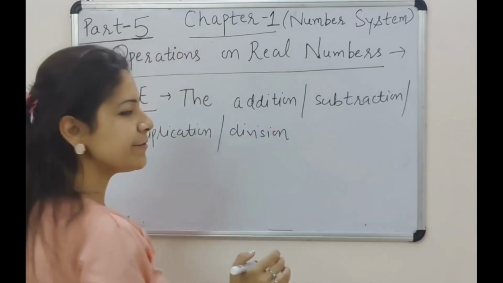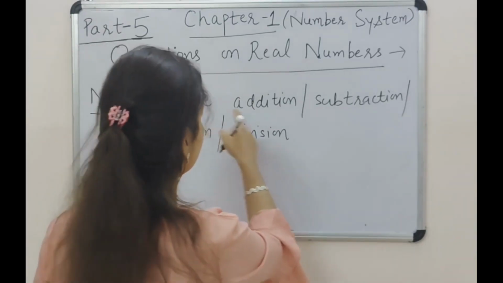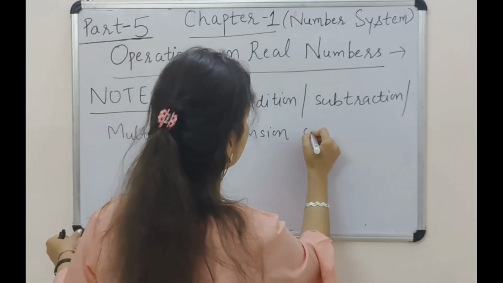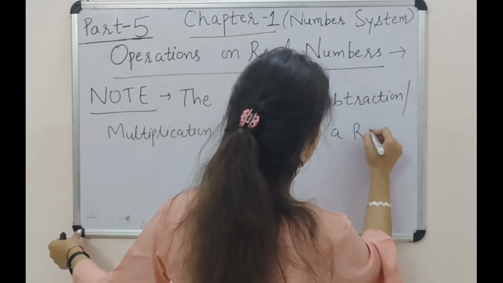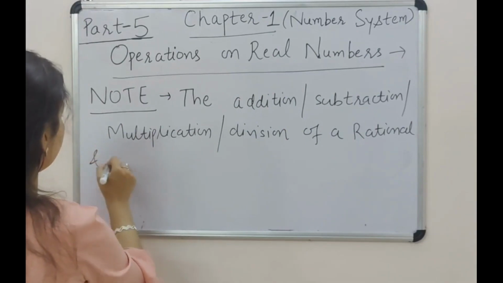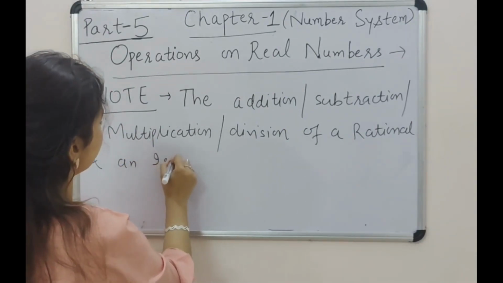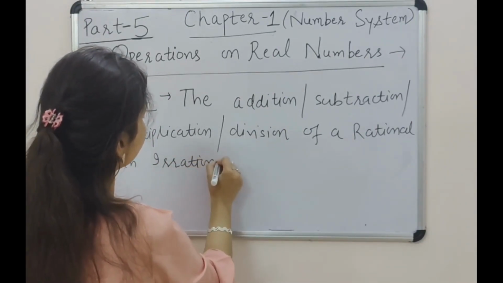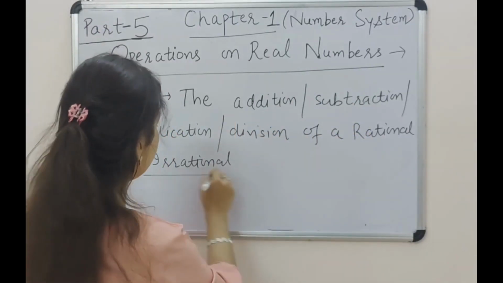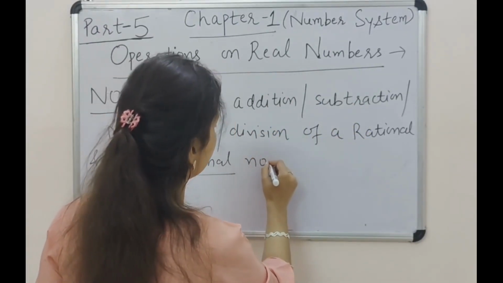When we are talking about these four operations, the addition, subtraction, multiplication or division of a rational and an irrational number, so I have considered one rational number and the other one is an irrational number.